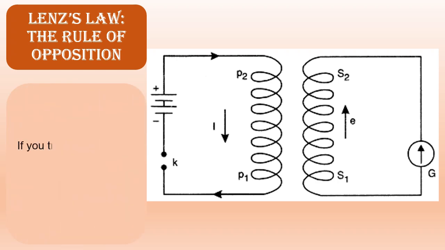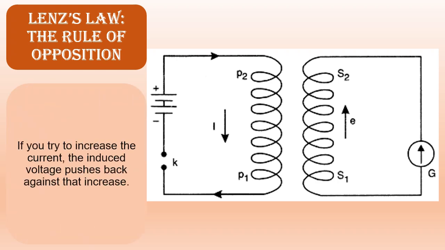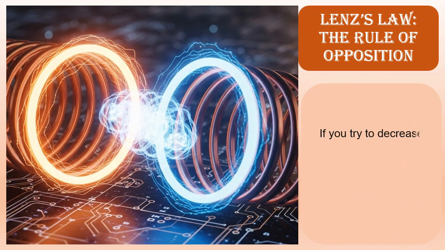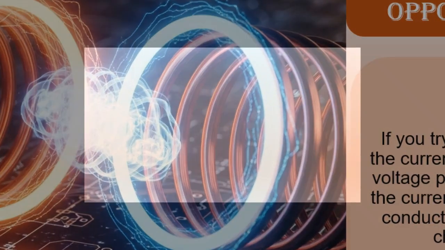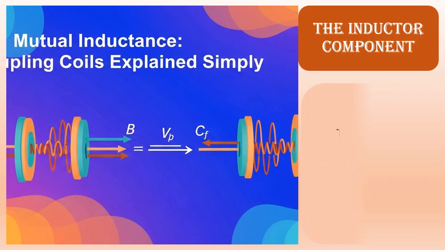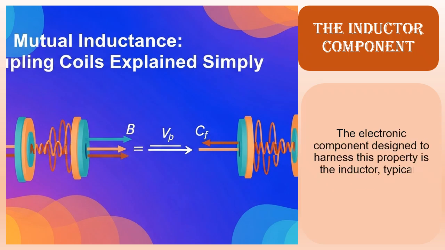If you try to increase the current, the induced voltage pushes back against that increase. If you try to decrease the current, the induced voltage pushes to keep the current flowing. The conductor resists the change. The inductor component. The electronic component designed to harness this property is the inductor, typically just a wire wound into a tight coil.